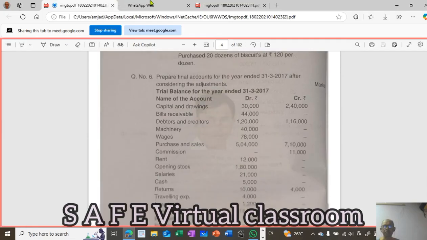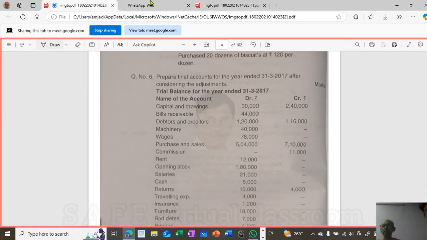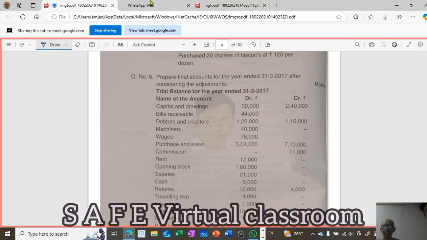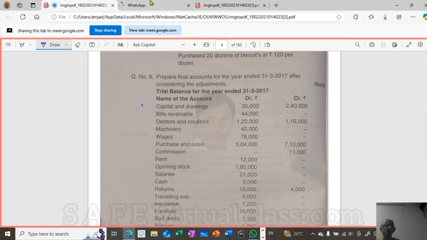Prepare final accounts. Can you see on the screen? First, you tell me, where will this come? Capital and drawings, where will this come? So capital is a liability, so it'll go to the balance sheet.